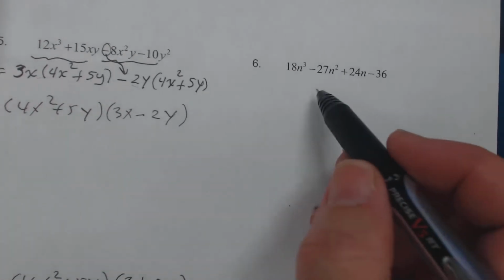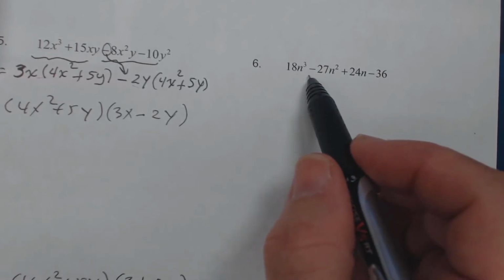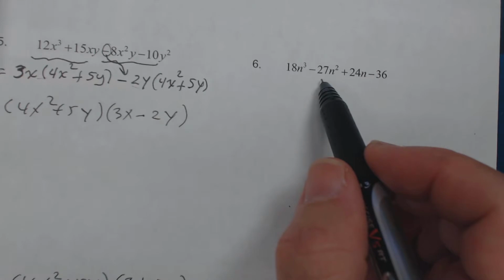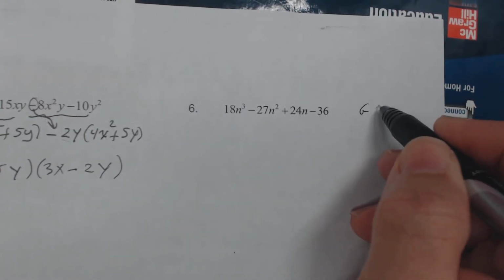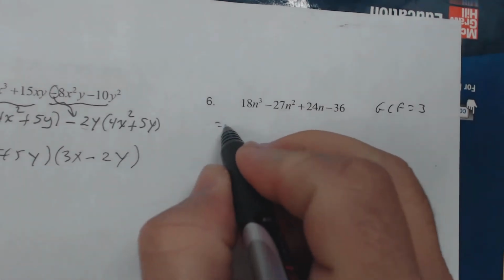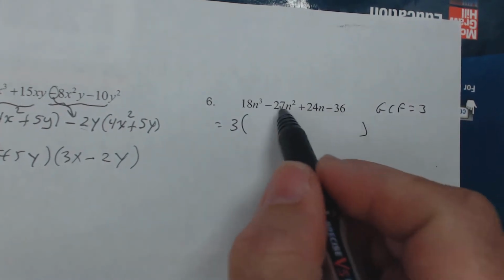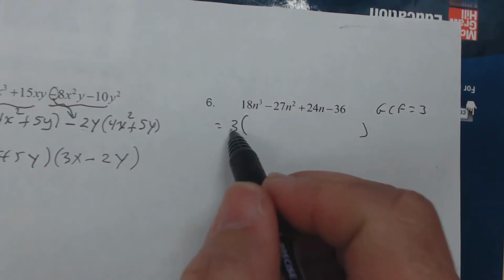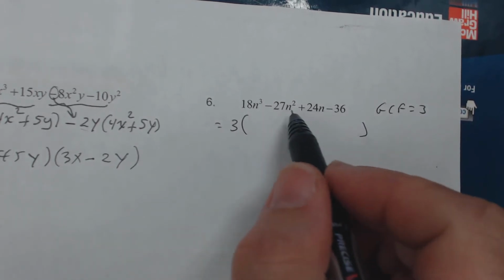Okay, over here, let's see. It looks like this time I can factor out a 3. So here the GCF is 3. So I'm going to get 3 times, all right, now remember, you have 4 terms here, so you need 4 terms inside. 3 times all of those 4 terms need to be the original polynomial.